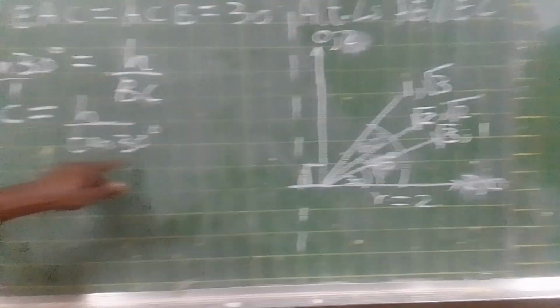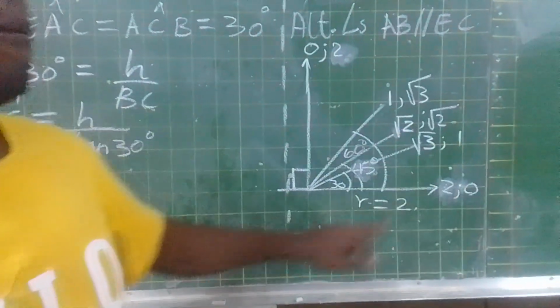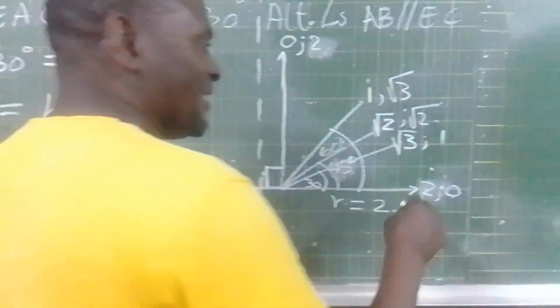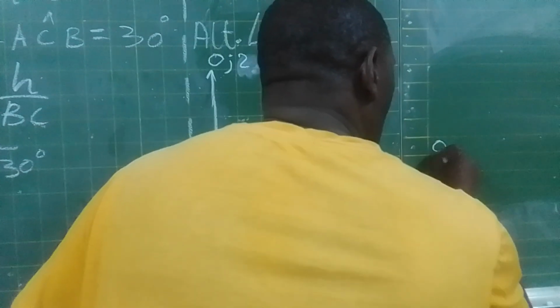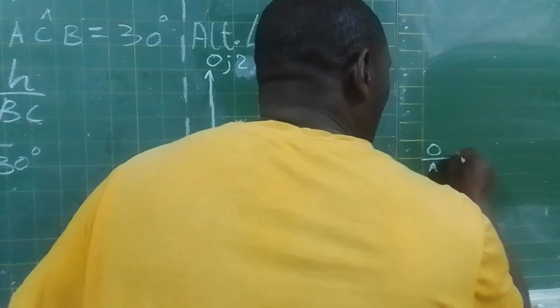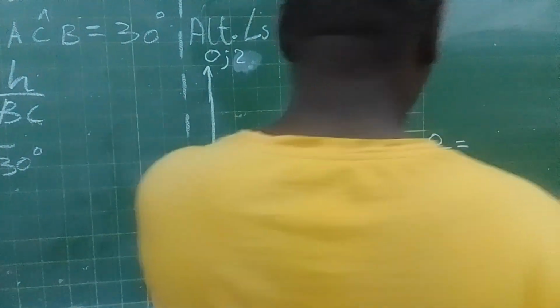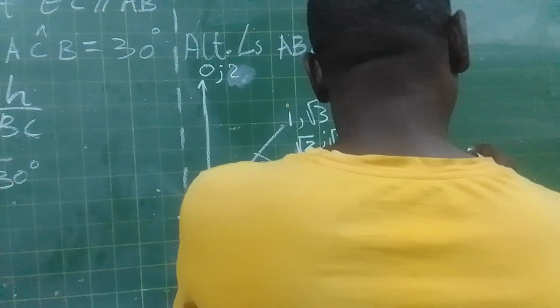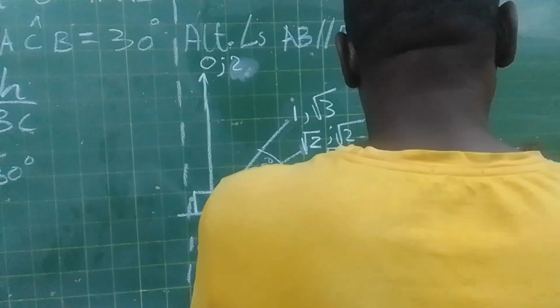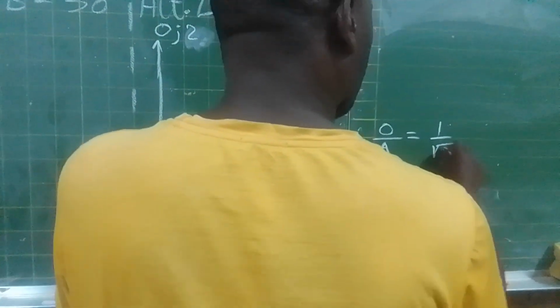So you come to tan 30. Tan 30 is opposite over adjacent. Your opposite in this case is y, which is 1, over adjacent is x, square root of 3.